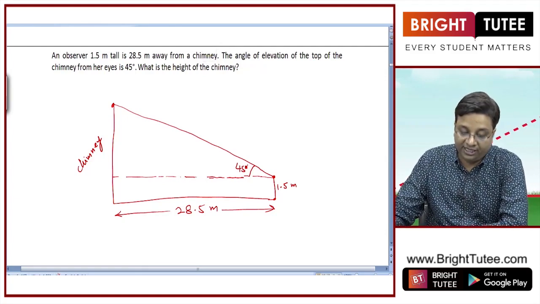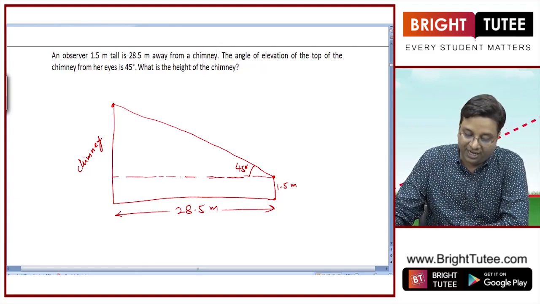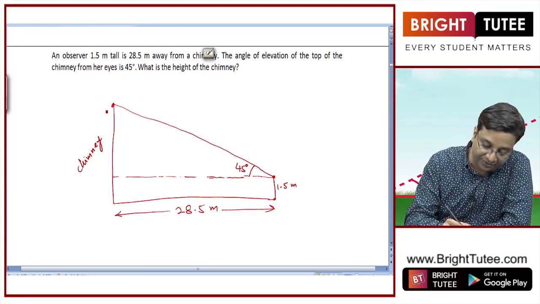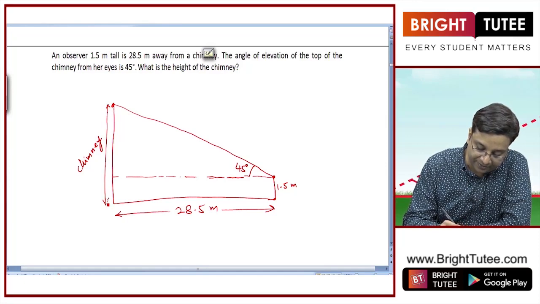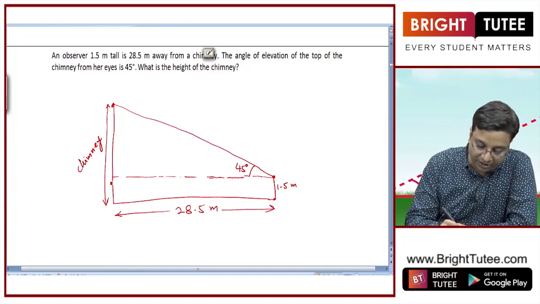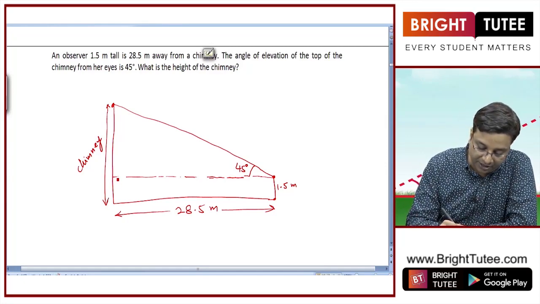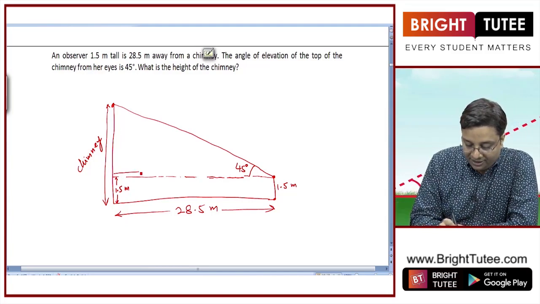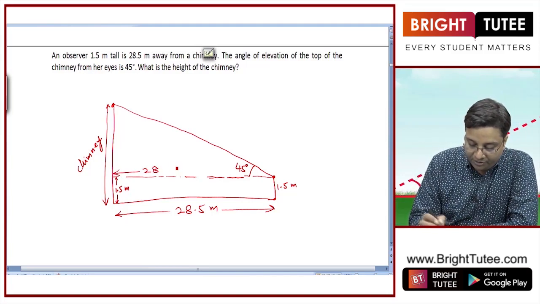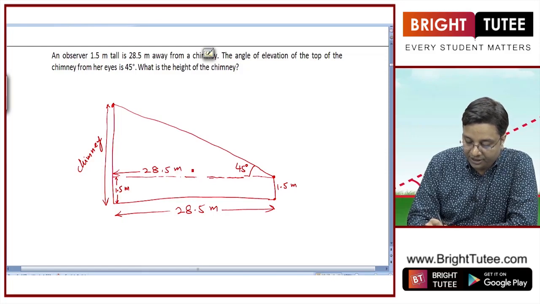Okay, so this is the angle of elevation. What is the height of the chimney? We need to find this entire height. Okay, and we already know that this much height is 1.5 meter. Okay, and this length here is 28.5 meter.